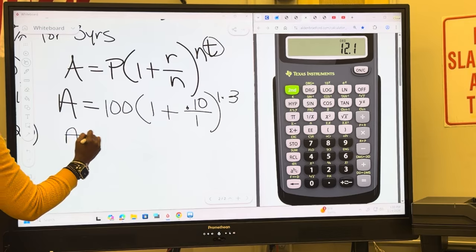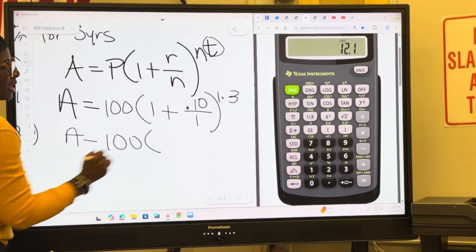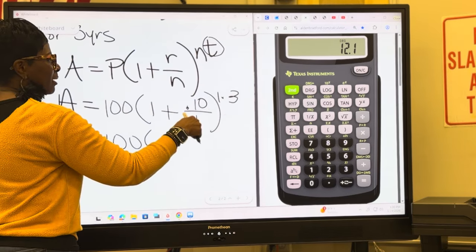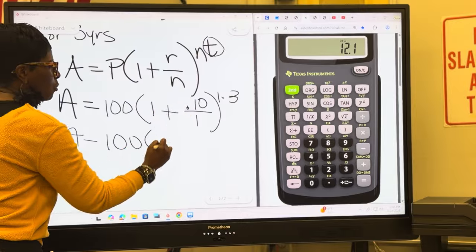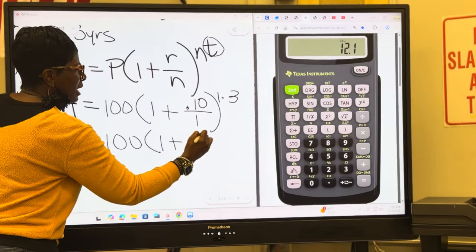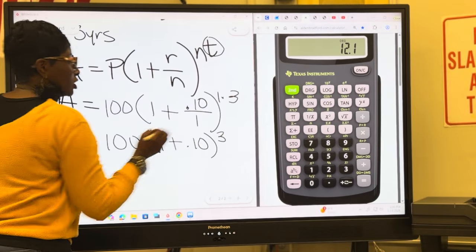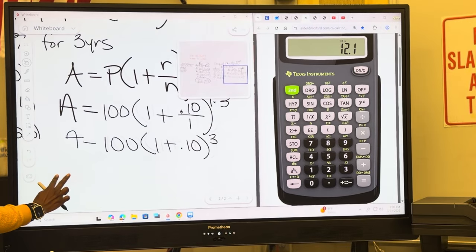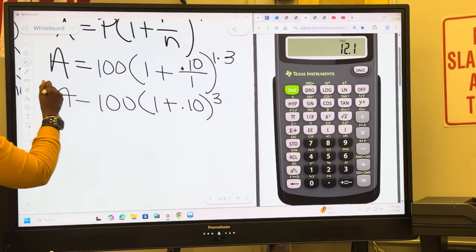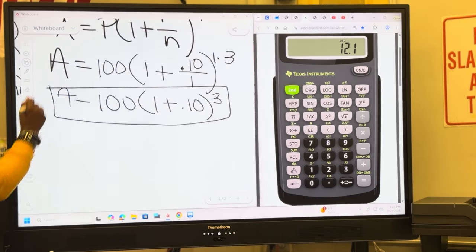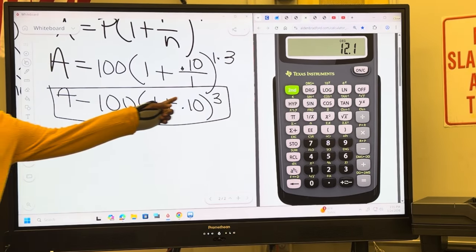So now we got A equals 100 times, well, 0.10 divided by 1 is just 0.10. So let me clean it up. 1 plus 0.10. Everybody agree? Yes. And then what's 1 times 3? It's just 3. I want you to look at this for a second. What kind of function is this? Is it linear?